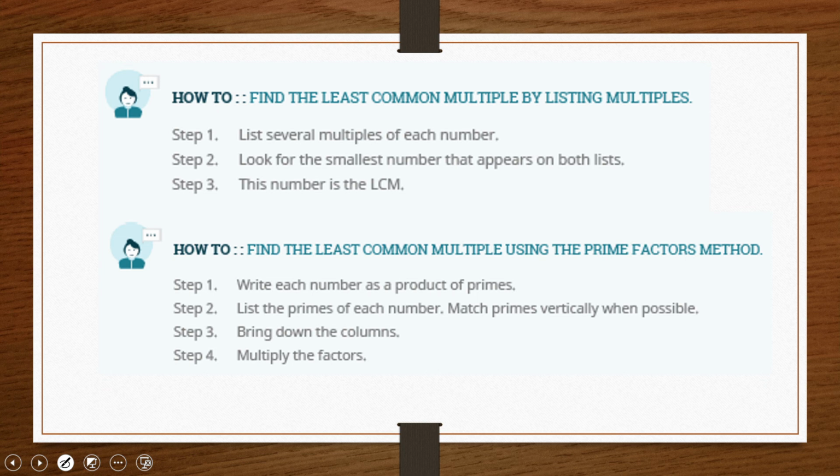It's called the prime factors method, where essentially we write each number as a product of its primes, which is the prime factorization. When we list the primes of each number, you're going to match the primes vertically and bring those down into a new list that will comprise your LCM, or least common multiple. Multiplying all the factors together gives you the LCM. We'll see how that works in just a moment.